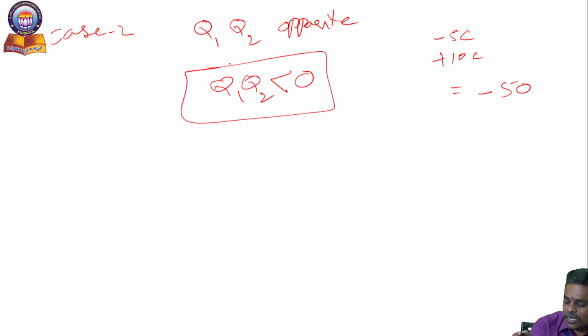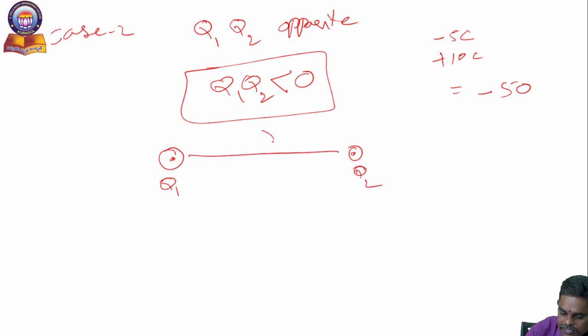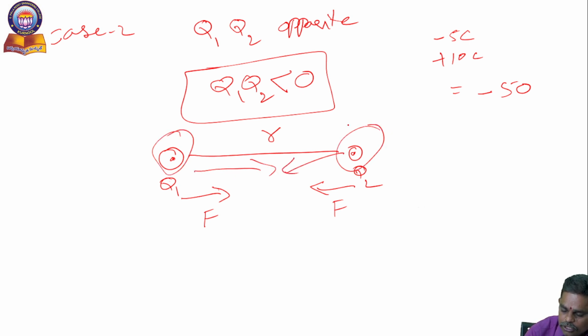Then with Q1 and Q2 at distance R, the forces attract each other. Forces go inside the region, and the charges attract.